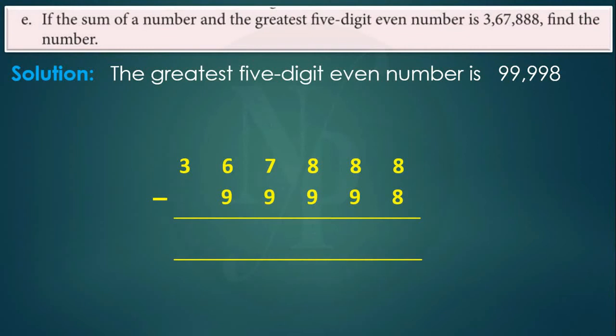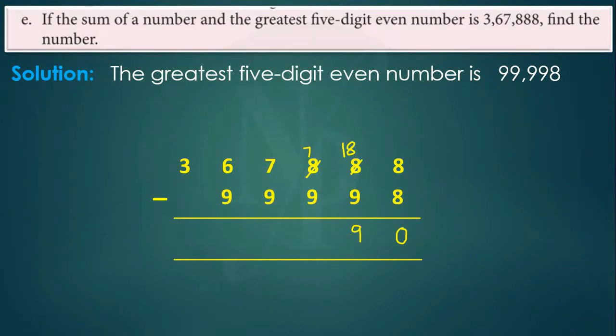Subtracting 8 from 8, you get 0. Subtracting 9 from 8 is not possible. Regroup, make this a 7, and this now becomes 18. And subtracting 9 from 18, you get 9.